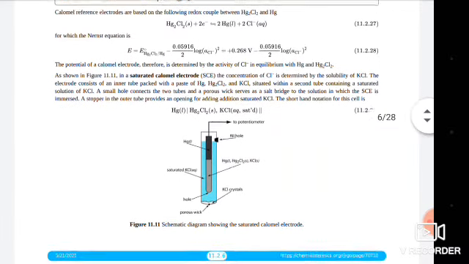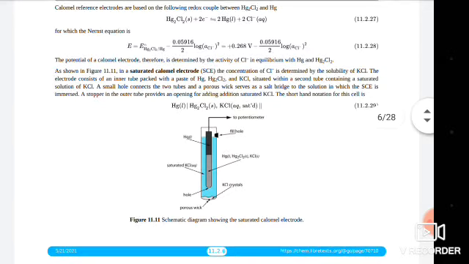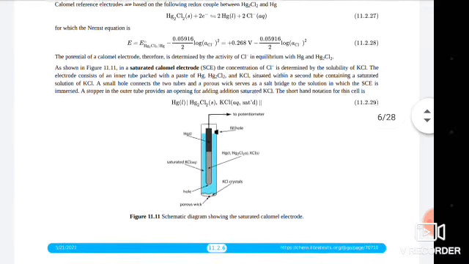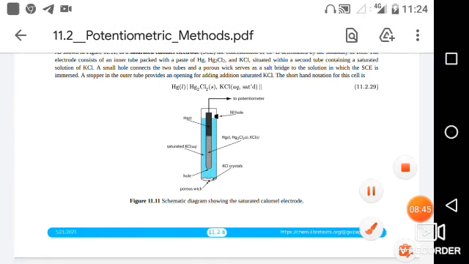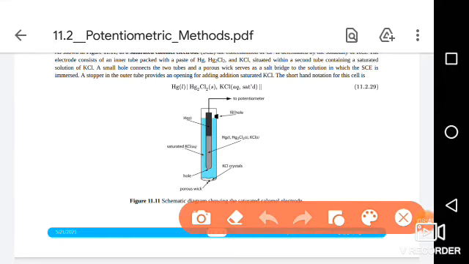A stopper in the outer tube provides an opening for adding additional saturated KCl. The shorthand notation for this cell is Hg liquid, Hg2Cl2 solid separated by a single line, KCl aqueous saturated, separated by means of the salt bridge. The entire construction of the calomel electrode is shown in the figure below, so see how this calomel electrode looks.